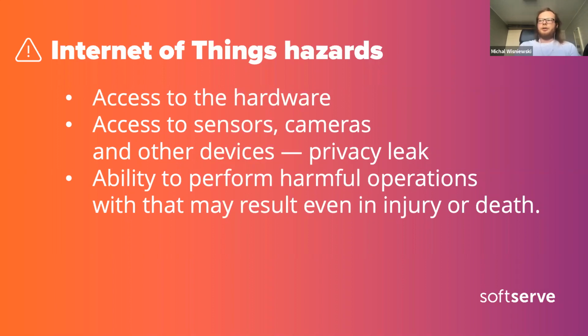Also, there will be the ability to perform harmful operations that may result even in injury or death, because Internet of Things machines are not only intelligent, I don't know, toasters and fridges. It may also be an intelligent, I don't know, heart starter. So it can be shut down remotely, and that, in fact, causes death. So that's a really important reason to focus on security when you're developing an Internet of Things device, because the consequences may be very, very huge.